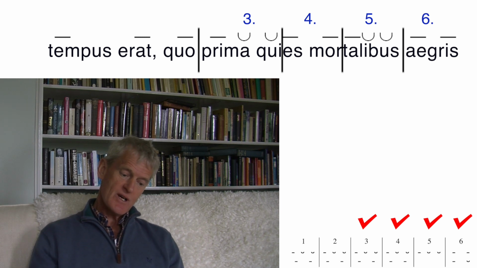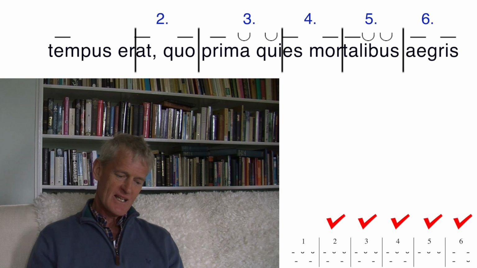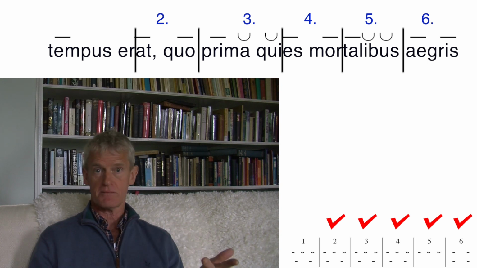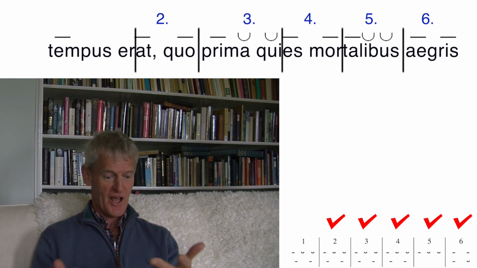So if our second foot is a spondee, erat quo, then the only thing left is the first foot. And how many syllables have we got? We've got tempus e. There are 3 syllables and it can only be 1 foot.